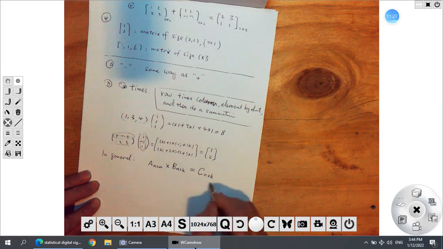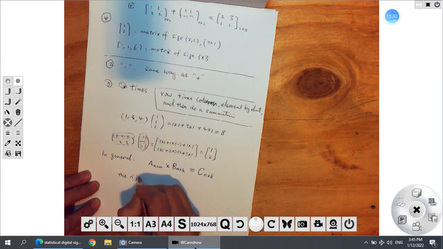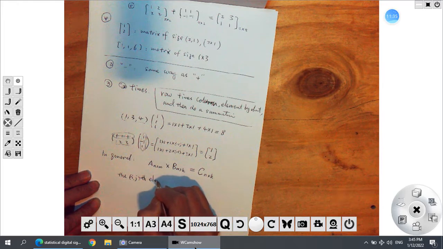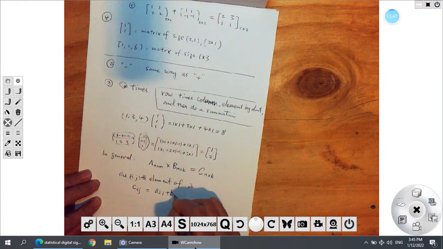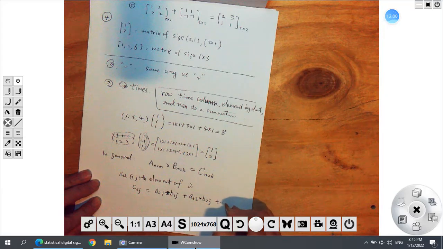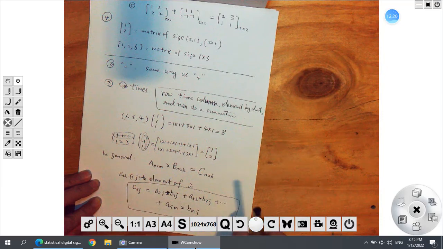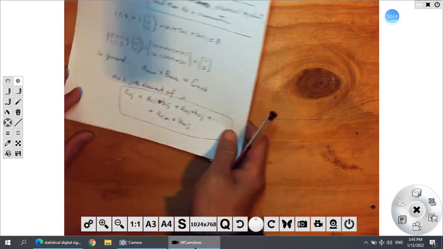And the ij element of C is Cij equal to ai1 times b1j plus ai2 times b2j plus, until aim, the i-th row, m-th column, times bmj, like this. Makes sense? This is the formula.